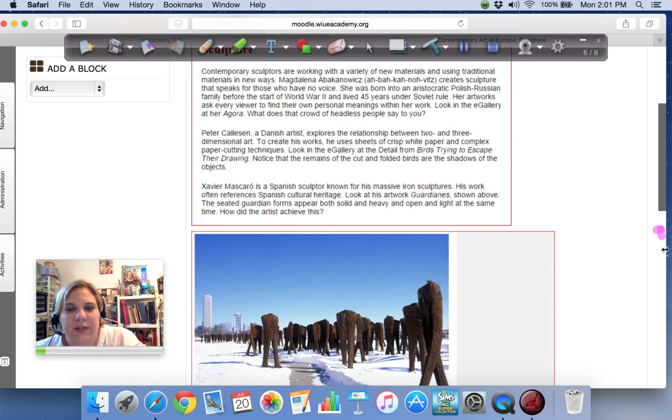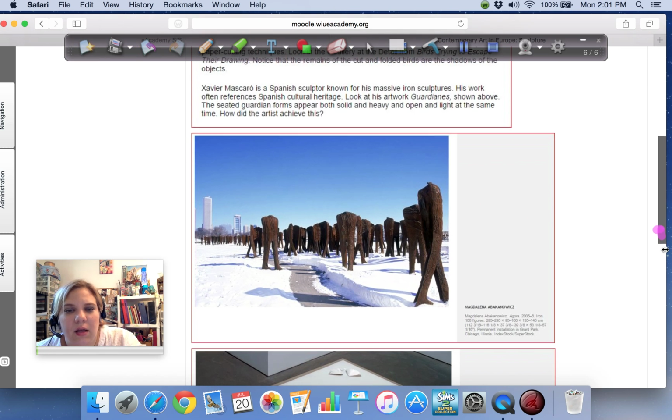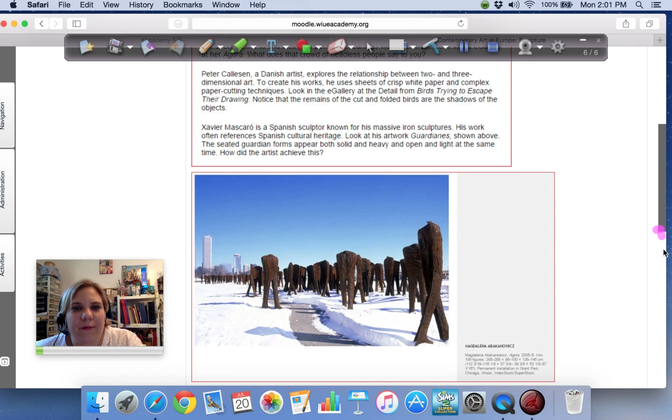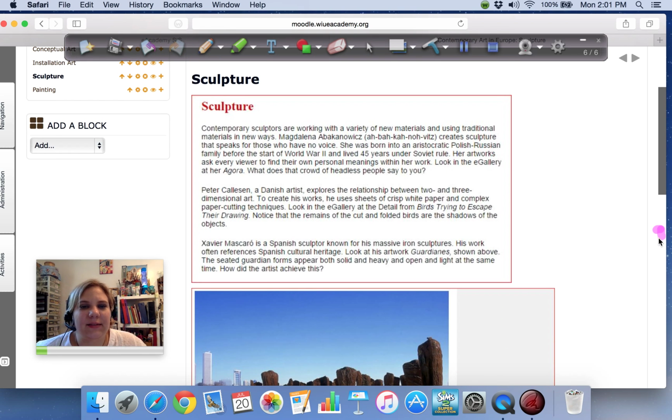definitely some interesting sculptures here. This one, Agora, and if you read the text, it's telling you this artist creates sculptures for those who have no voice. She lived for 45 years under Soviet rule, and if you know anything about the history of the Soviet Union, you would know they lived under a communist government.